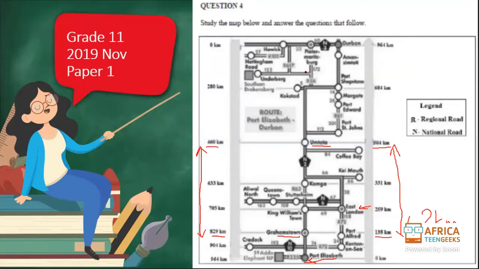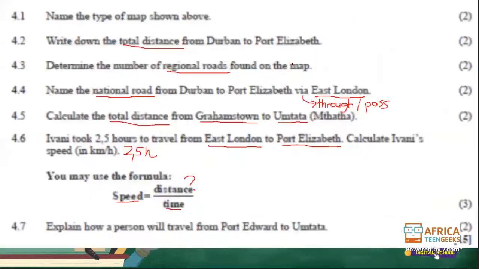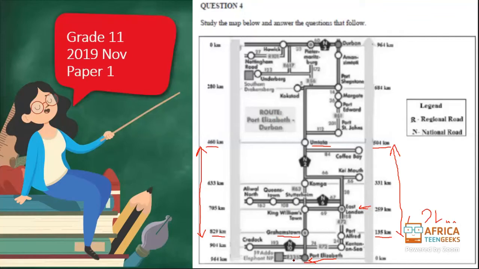Okay, now let's go back to the question. This question is not clear, right, which route you're using? But let us assume that you're using the N2. If you're using the N2, we're looking at this pathway. So for this one, I'll accept two answers.